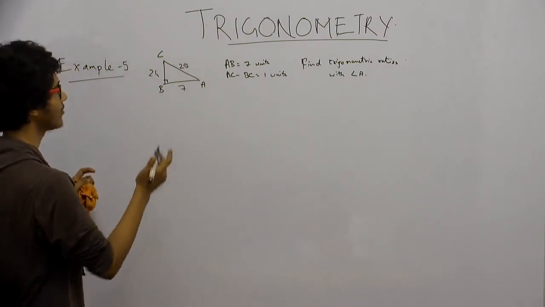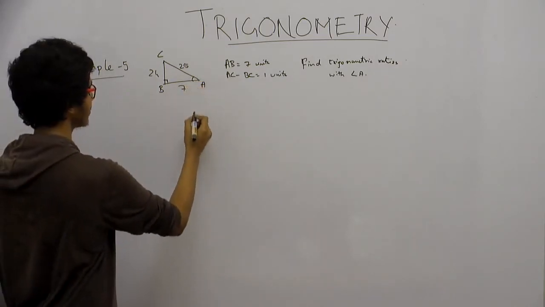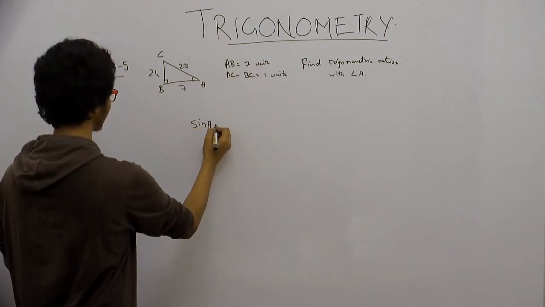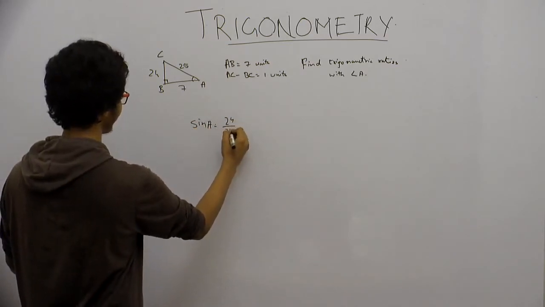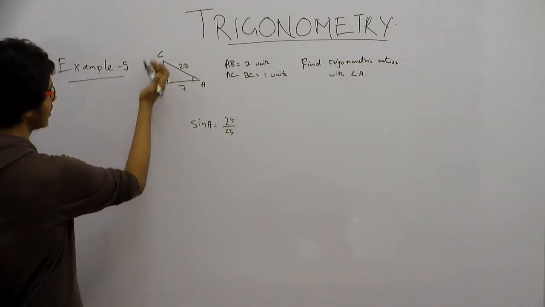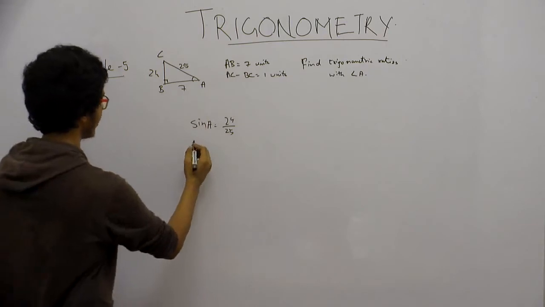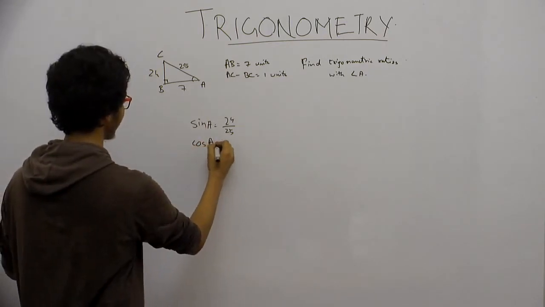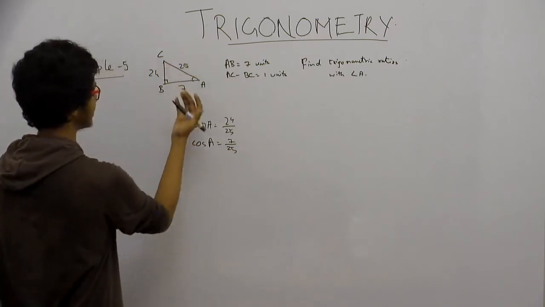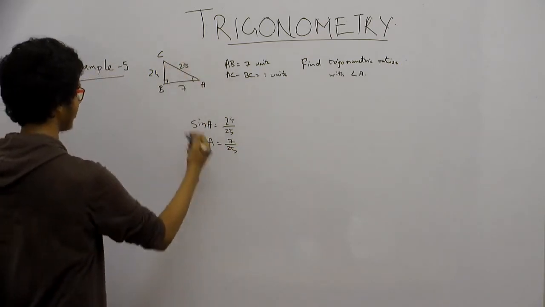Now we need to find the trigonometric ratios with respect to angle A. Sin A will be 24 by 25 because it is the side opposite to angle A divided by the hypotenuse. Similarly, cos A will be 7 by 25. By the same logic, it is the side adjacent to angle A divided by the hypotenuse.